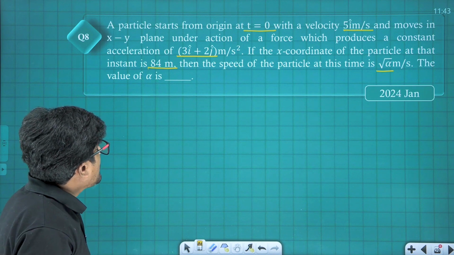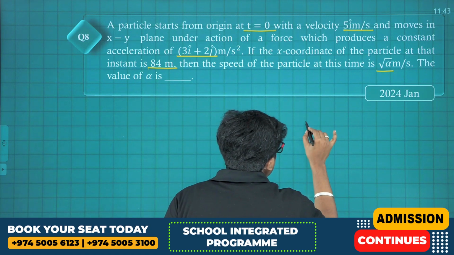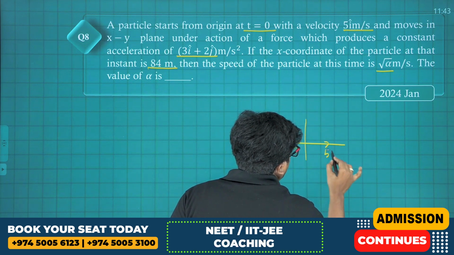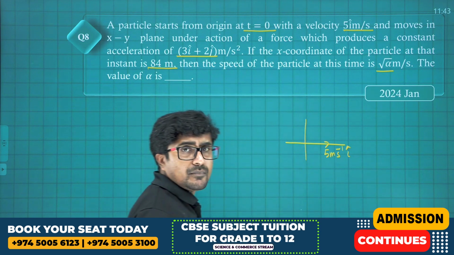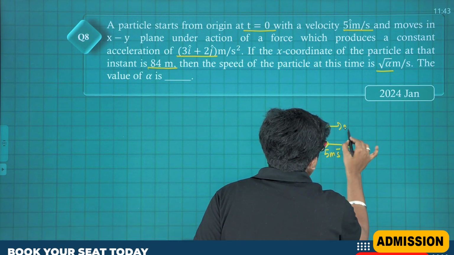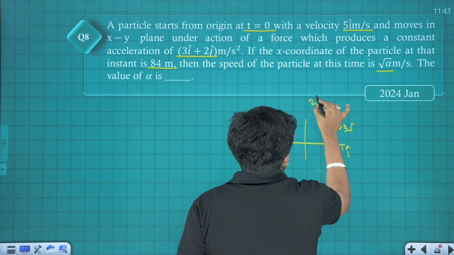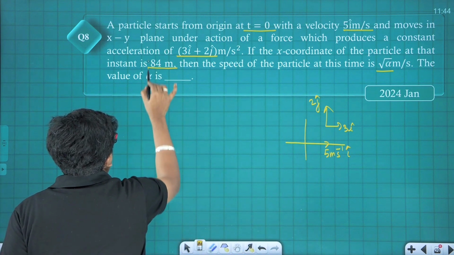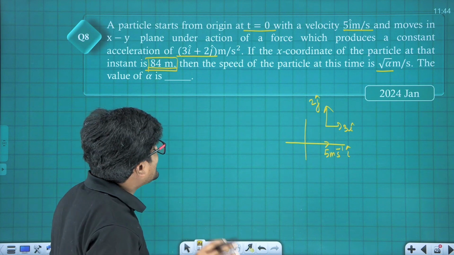You must understand the body is starting from origin and initially it is having a velocity of 5 meter per second along i cap only. And this particle is experiencing an acceleration of 3 i cap plus 2 j cap. Now the question is, when the particle is at x equal to 84, what is its speed?